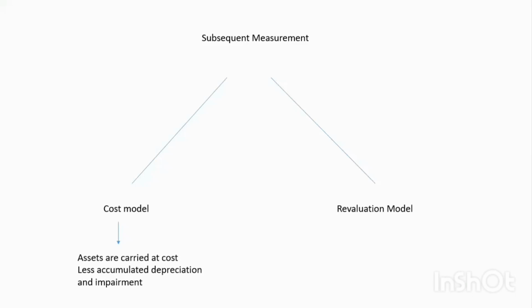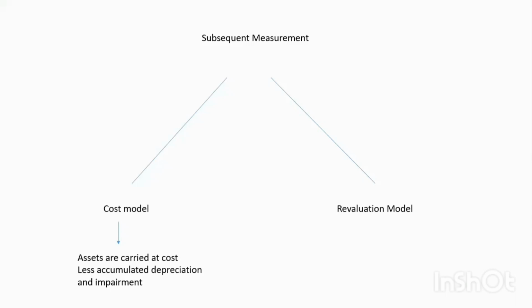Assets are carried at cost, less accumulated depreciation and impairments. In the previous slide, we looked at the elements of cost. How do you recognize an asset at initial recognition?